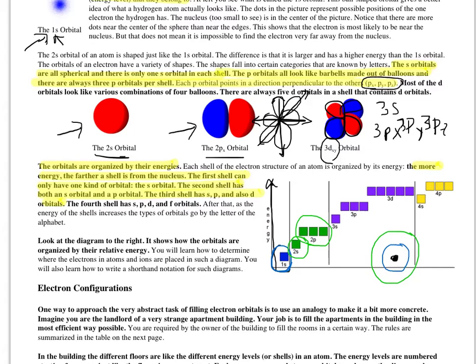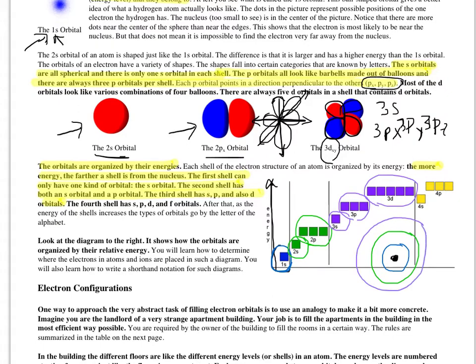Okay, and then as we get to the third energy level, we'd have a 3s orbital, we'd have 3px, 3py, and 3pz, and we'd have the 5 3d orbitals, 3dxy, 3dxz, 3dyz, so on and so forth.